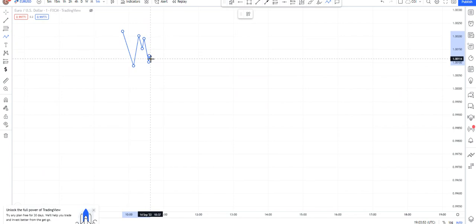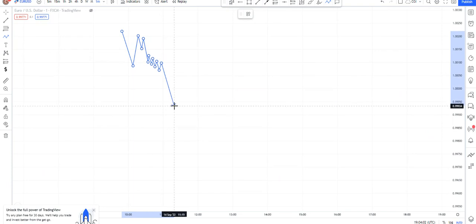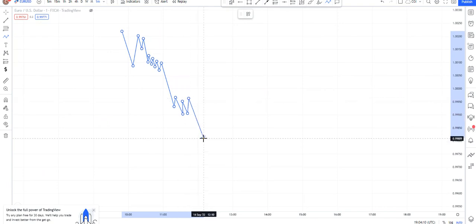So price formed an imbalance inside there and kept on moving, took out the low, and then formed another imbalance and kept pushing lower, right?